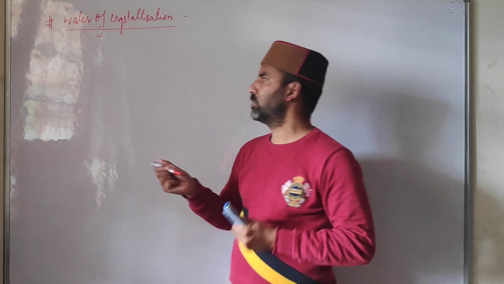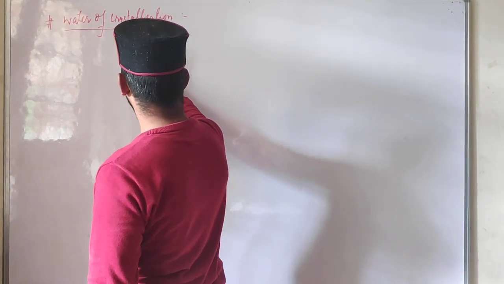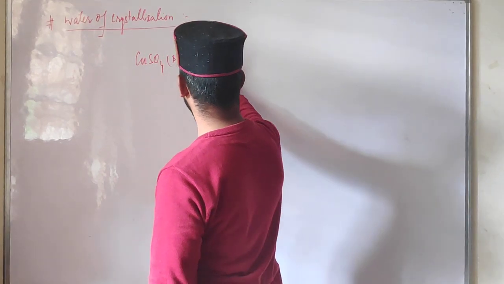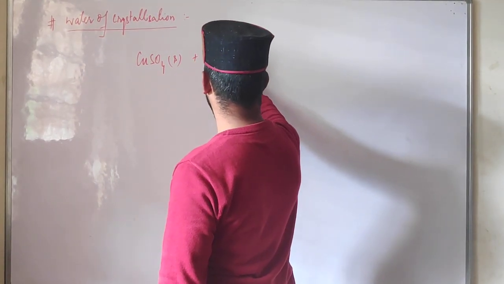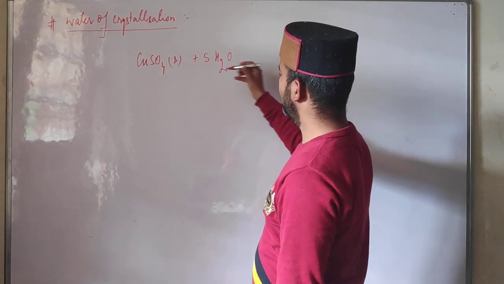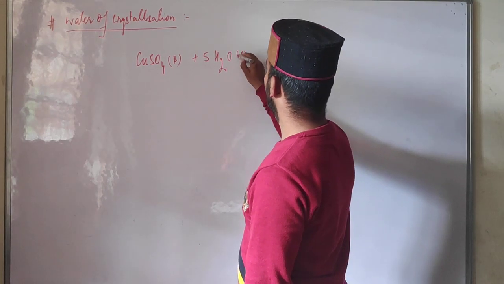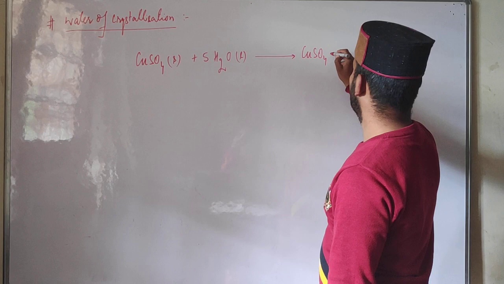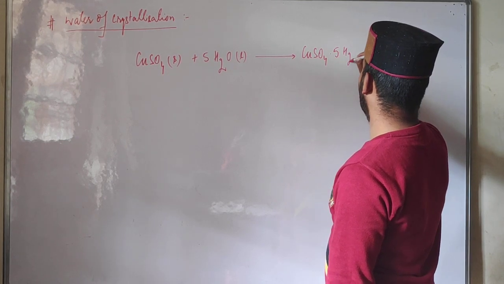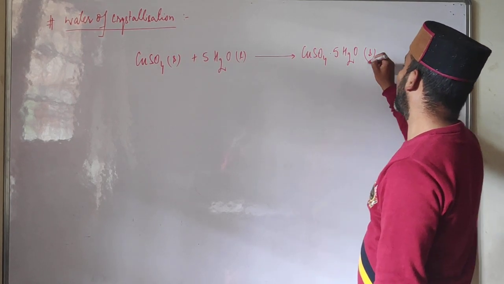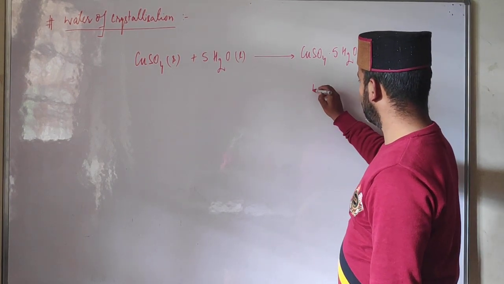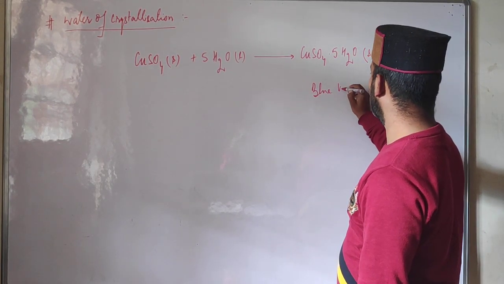For example, students, when copper sulfate salt is crystallized, each crystal retains 5 water molecules and we get this hydrated salt. This hydrated salt, we all know, is called blue vitriol.